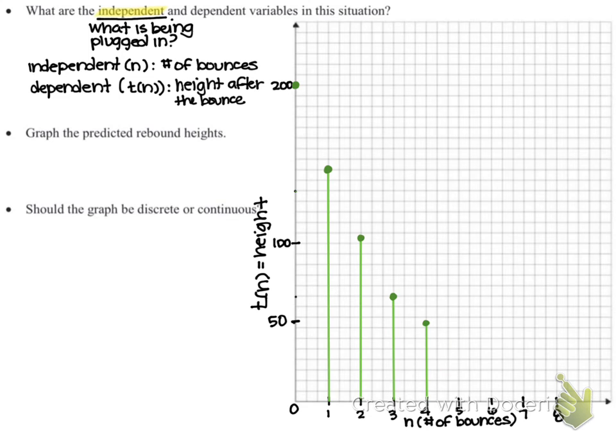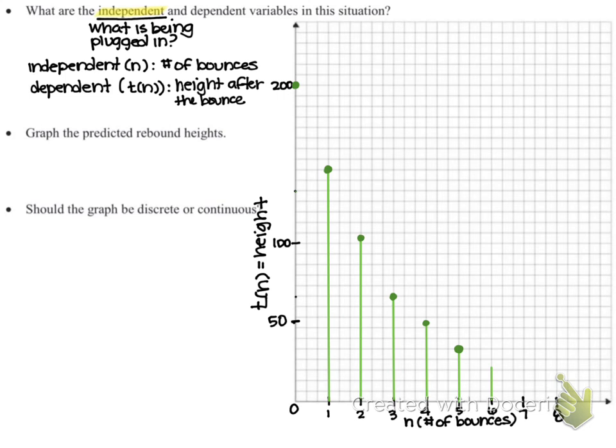Okay, and then the next one was 37. So a little bit more than halfway. Say it's about there. And then at 6, we were at about 25, so pretty close to halfway up to 50.